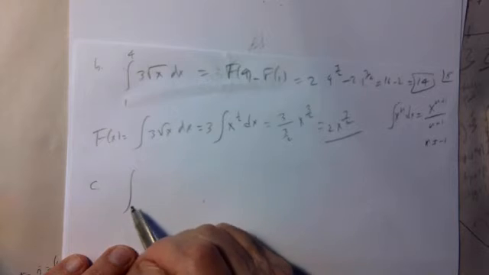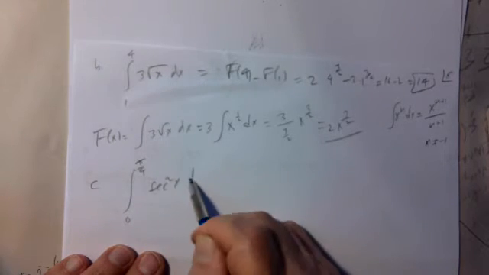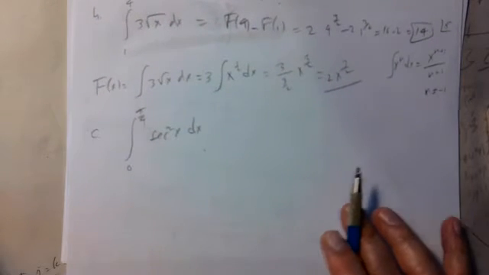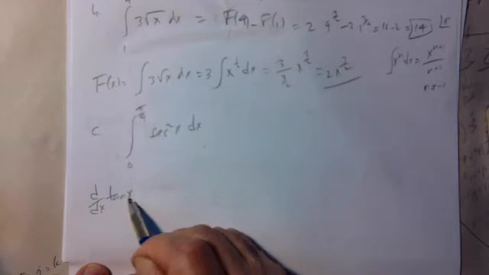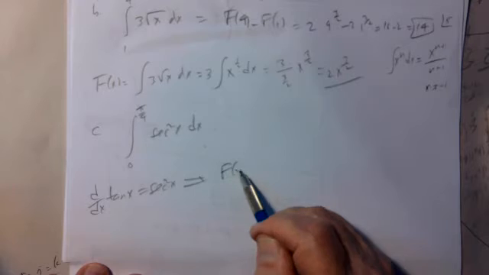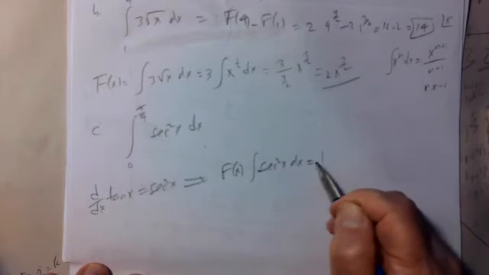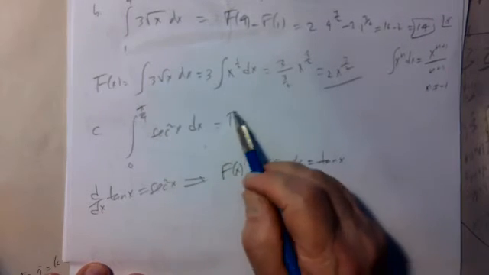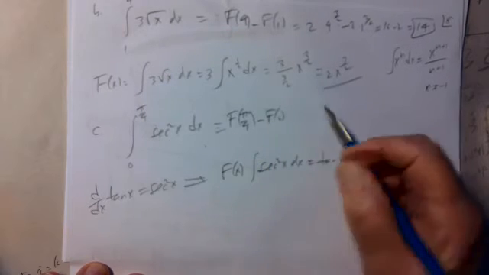Another example is the integral from 0 to pi over 4 of secant squared x dx. So in order to do this, you have to remember that the derivative of the tangent is secant squared. So the antiderivative of secant squared is the tangent. So this becomes f of pi over 4 minus f of 0.